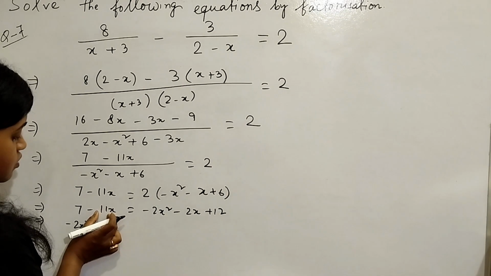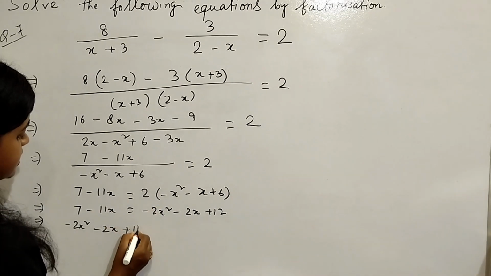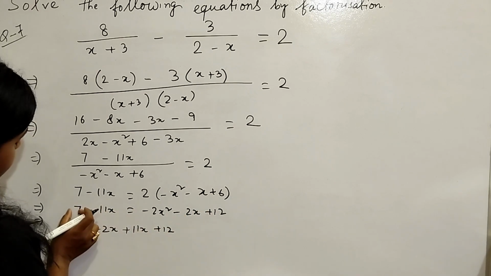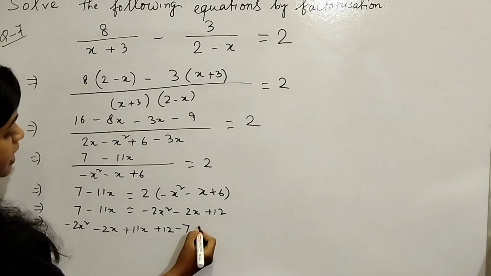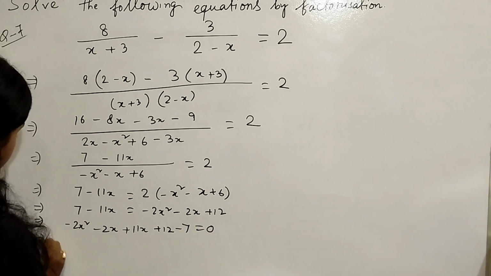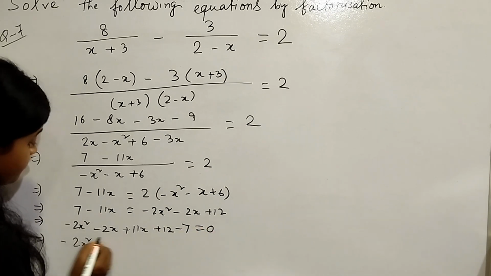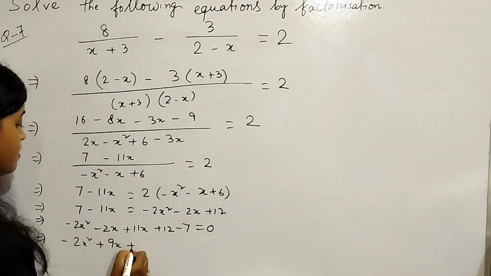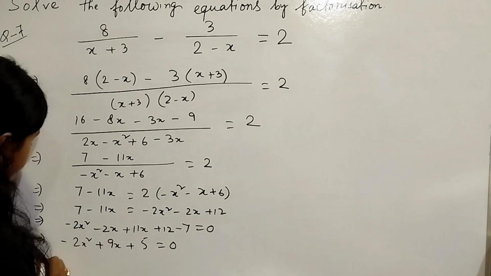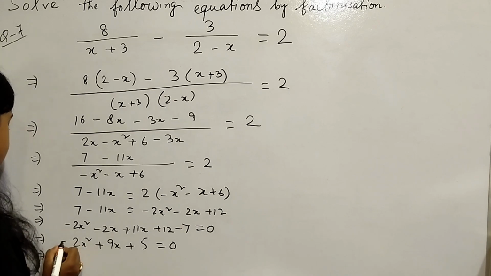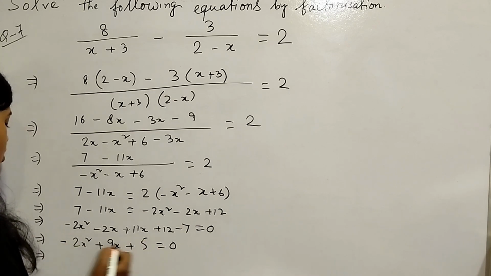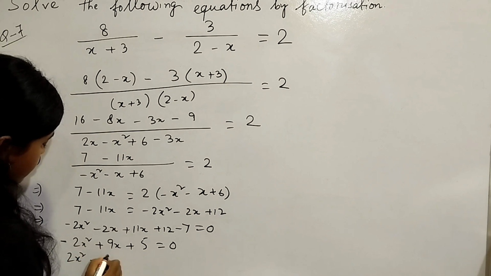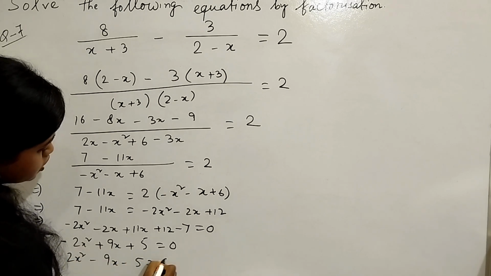So minus 11x, when it comes to this side, becomes plus 11x, and plus 12 when we take 7 to this side, so minus 7, equal to 0. So it becomes minus 2x square minus 2x plus 11x, that is plus 9x, equal to 0. The minus sign is multiplied to all the terms. So it becomes 2x square minus 9x minus 5 equals 0.